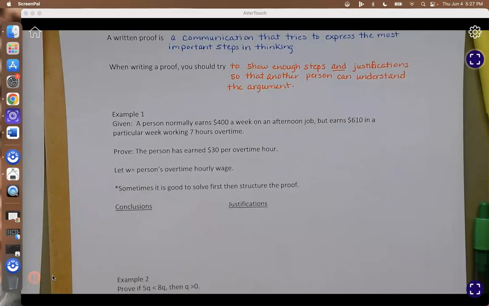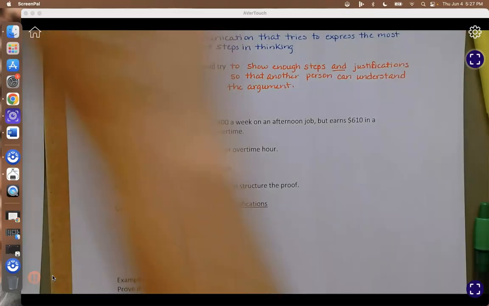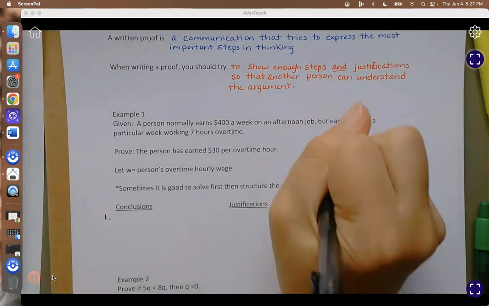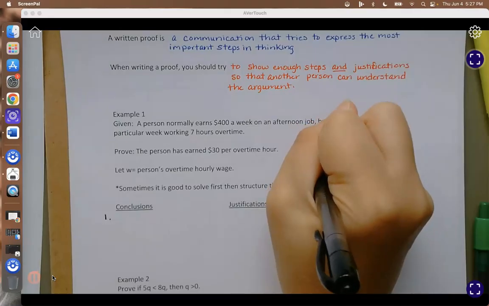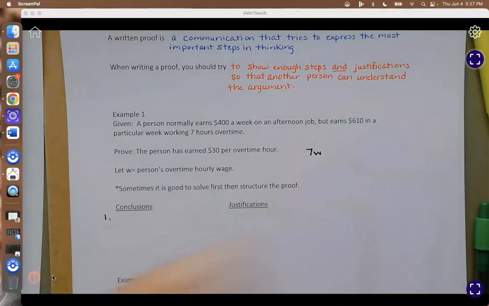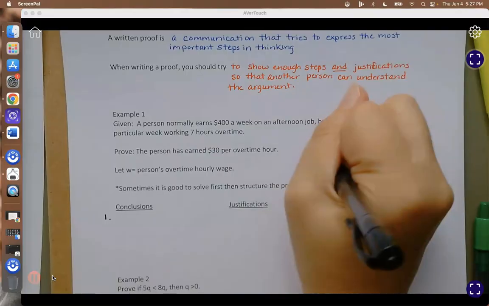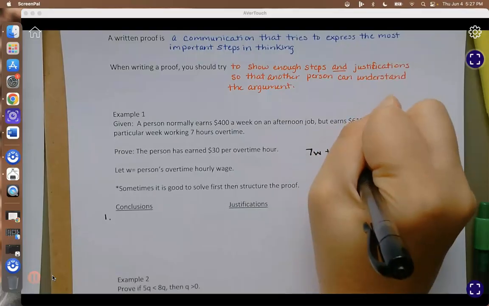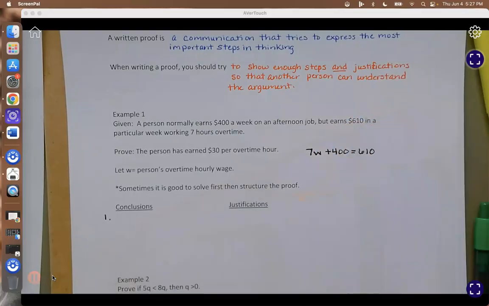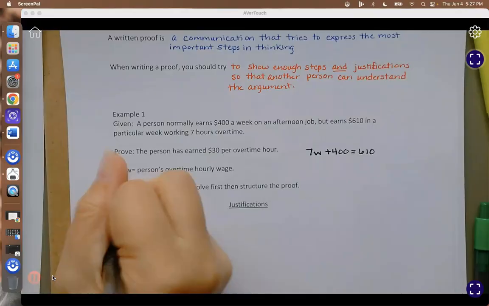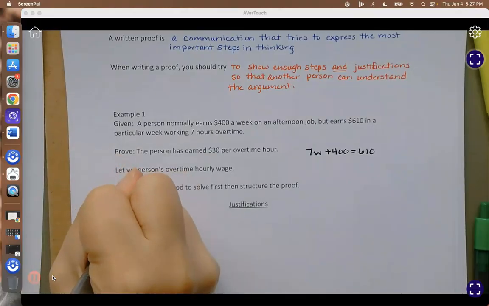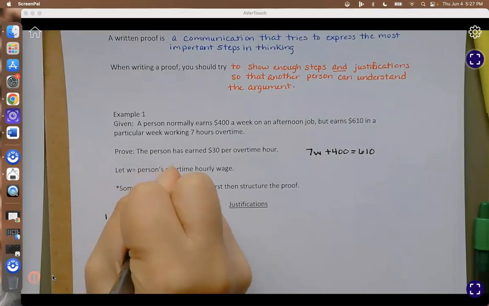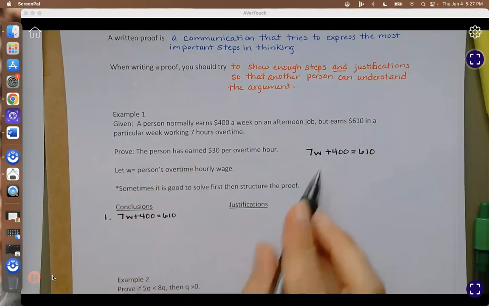So we got to set up the equation. Okay, so the equation is, so we work 7 hours of overtime, and W is your overtime wage, okay? Plus the $400 that you normally earn in a week. And that's going to give me my $610, okay? So, how do we solve this equation?